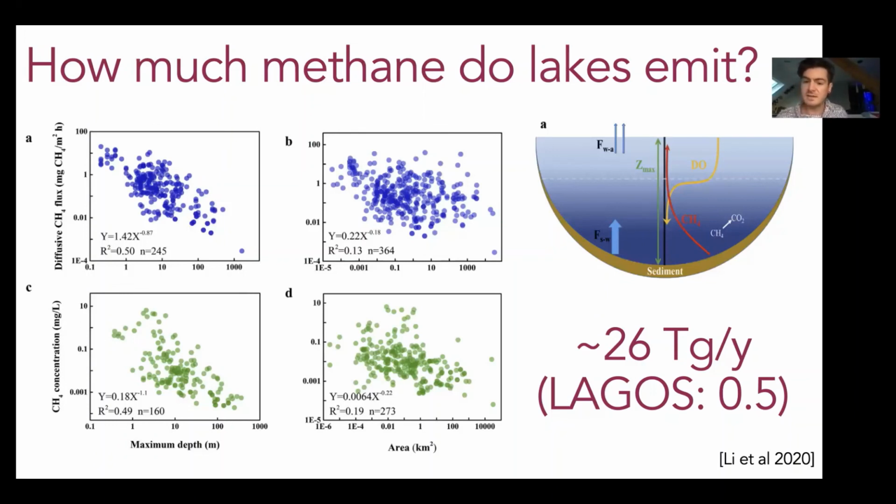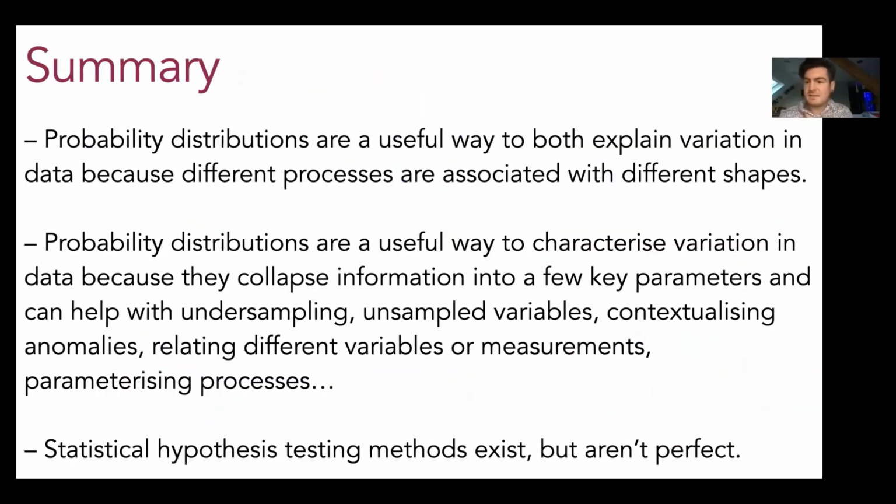When you do that, you get about 26 teragrams of carbon a year, which is a good ballpark estimate that's consistent with very different ways of doing this. So that's the last example I wanted to give.